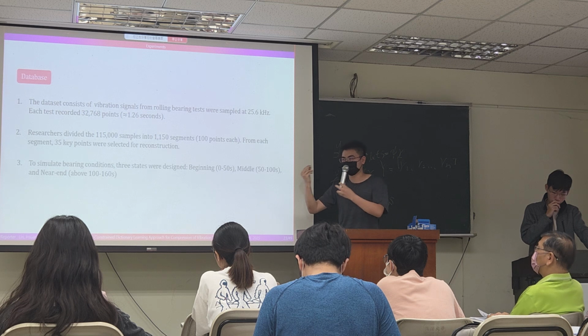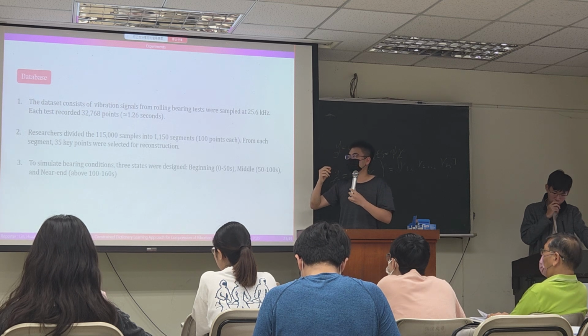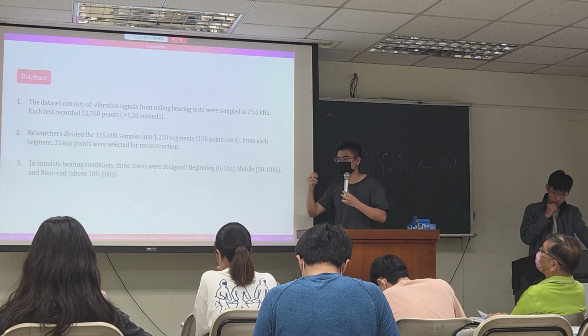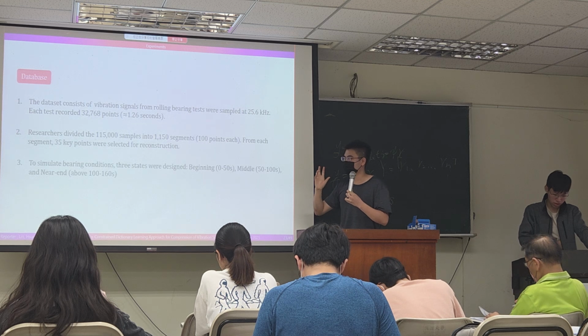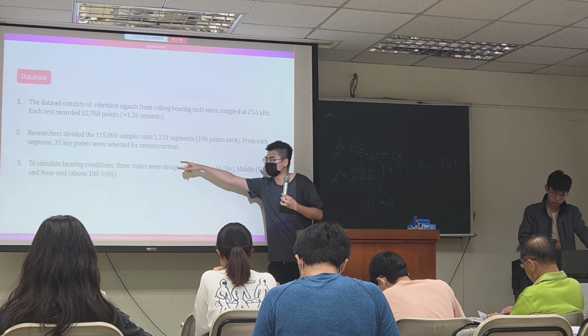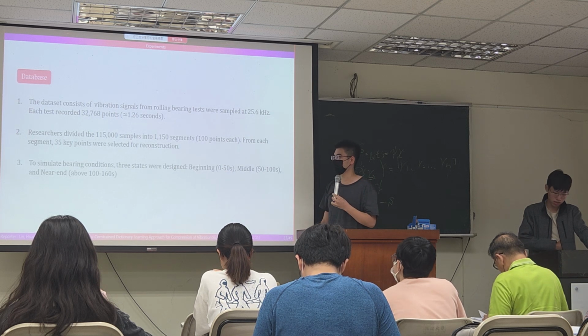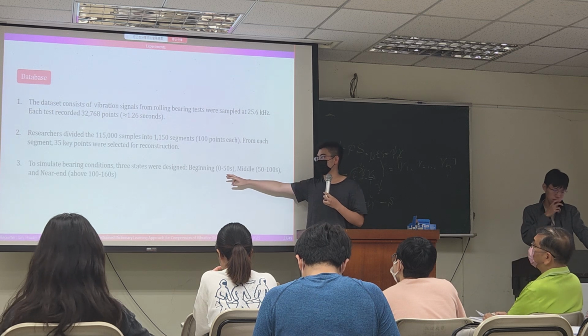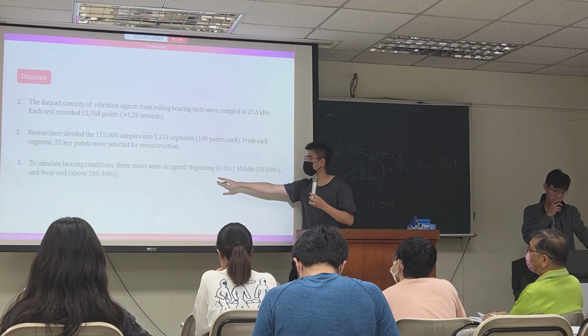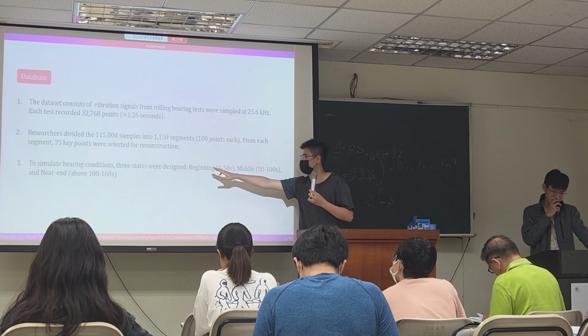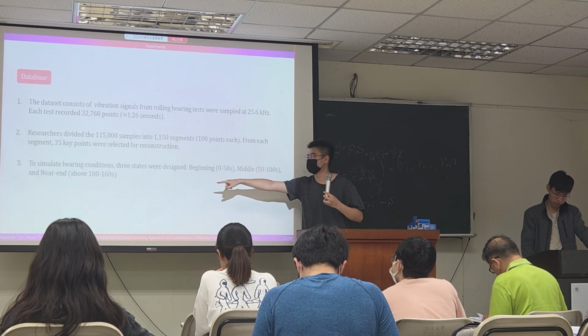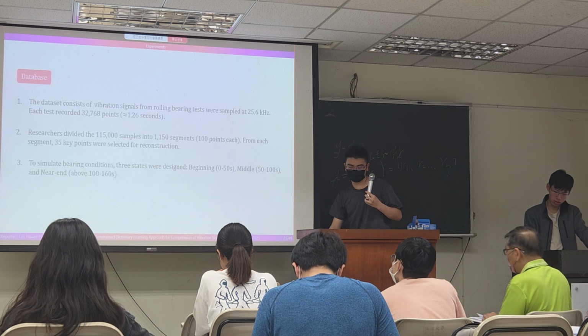So we use 100 points to select the random sample, such as 35 points we select. We have the state of the beginning, middle, and near end.